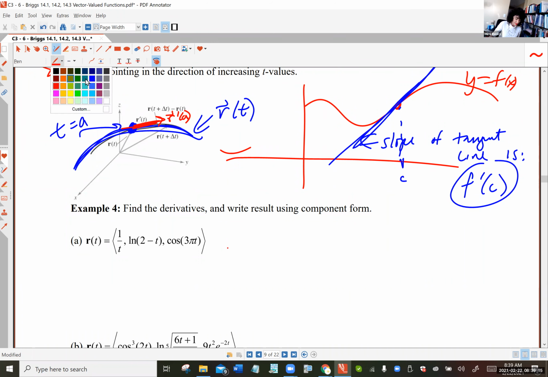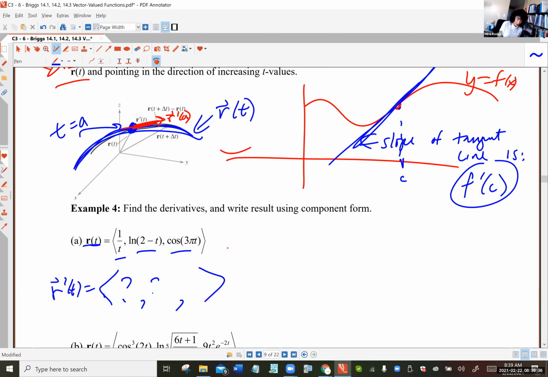Okay, let's continue. Let's find some derivatives. I'm going to start with an easy one, and then we'll get harder and harder. So take a look at this vector valued function, with some components there. What would r prime of t equal? That's the question. The good news is it's also going to be a vector valued function. In other words, it's going to have 3 components, and our job is to find all 3.